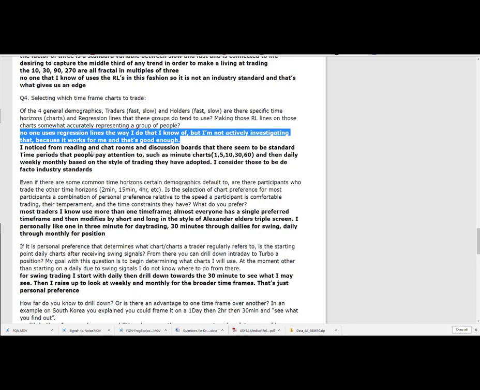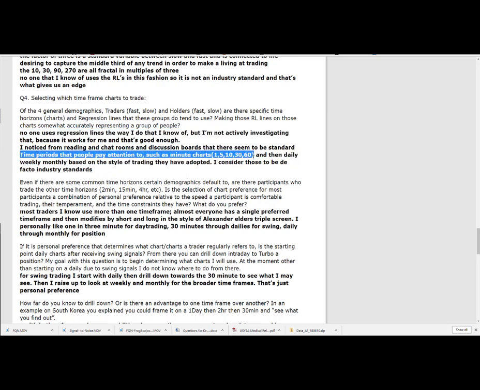What I would say is that there do seem to be standard time periods that people pay attention to, such as minute charts, anywhere from 1, 5, 10, 30, or 60, and then daily, weekly, monthly, based on the style of trading they've adopted. I would consider those to be the industry standards. However, there are other things like tick charts in odd times, and multiples of ATR that different people with algorithms and technical savvy are using. But by and large, you'd find those are the standard time charts.